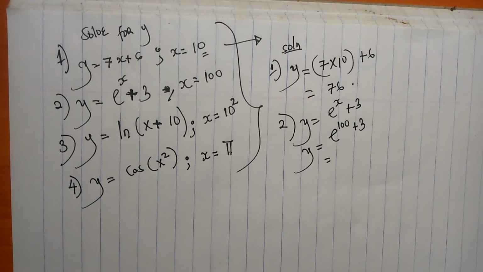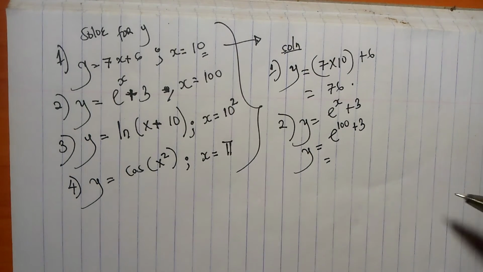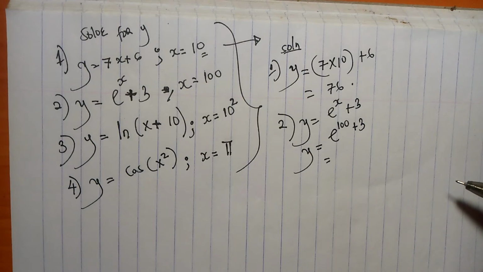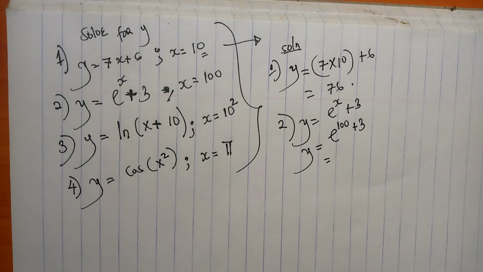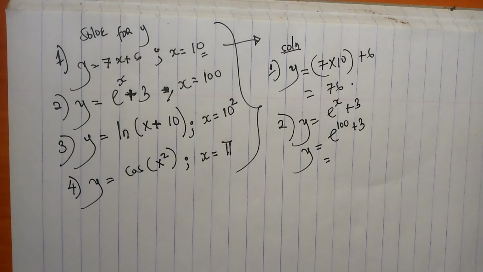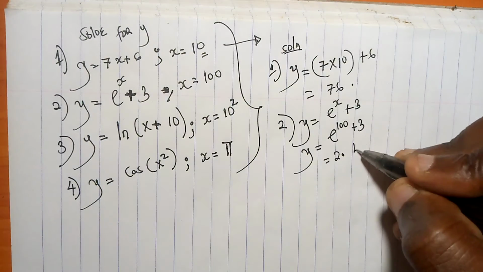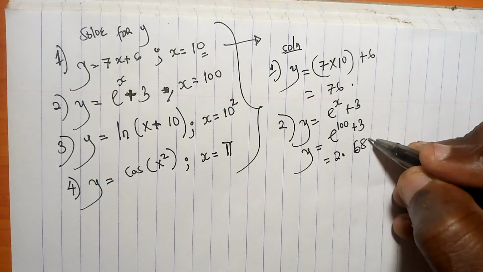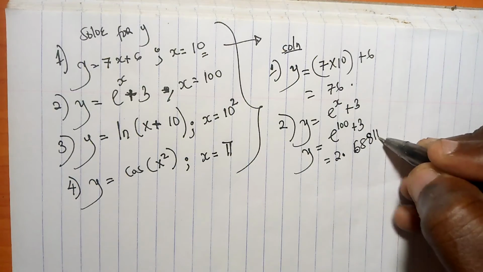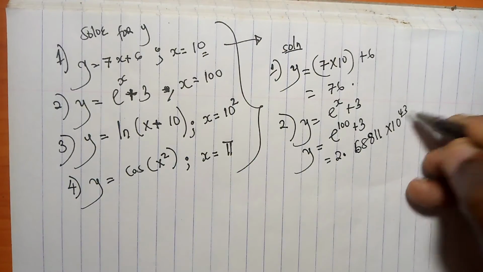So it's exponential 100, and then plus 3. There are some things you have to be careful with when you're using this calculator, so I will definitely demonstrate to you, so that some of these do not remain as powers. So I'm getting my answer to be 2.68811 times 10 raised to power 43.